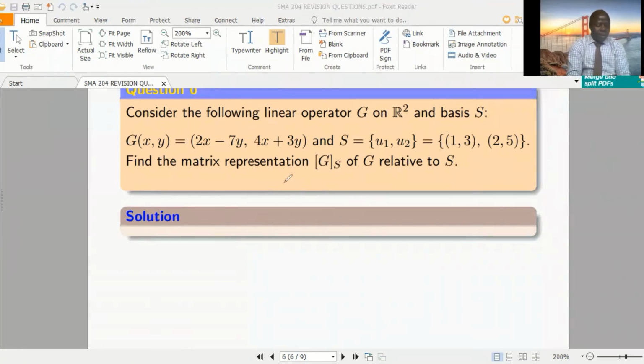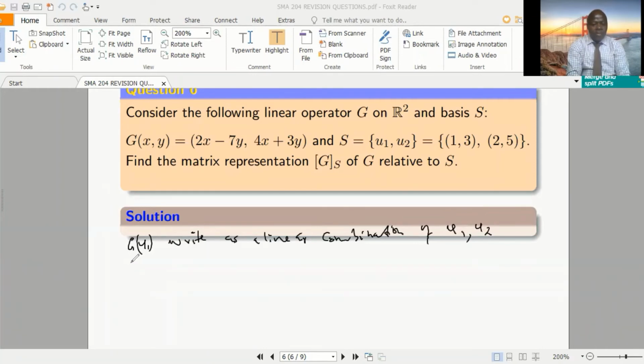Now, how to do this? How we normally do this, just to remind you, we had done it before. What we want to do is to find G of U1. After finding G of U1, write this as a linear combination of U1 and U2.